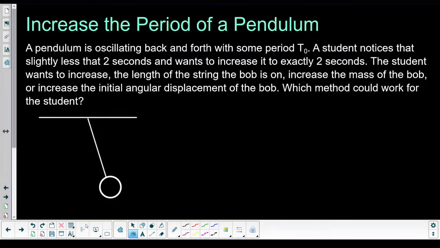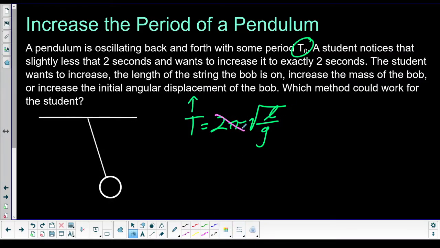Okay, so let's start with our formula and go from there. The period of a mass-driven pendulum is T equals 2 pi times the square root of L over g. I want this quantity to increase. 2 pi is a constant, so we're just going to ignore that. It's a number.